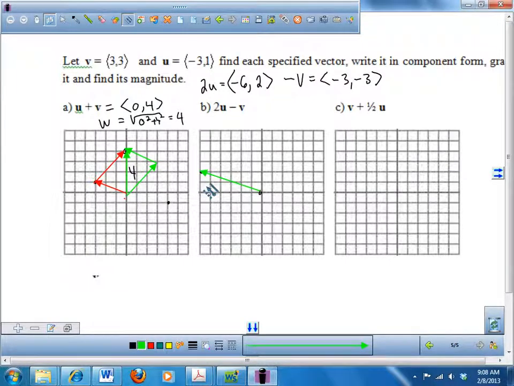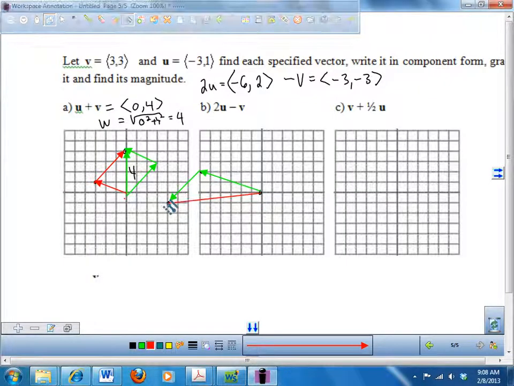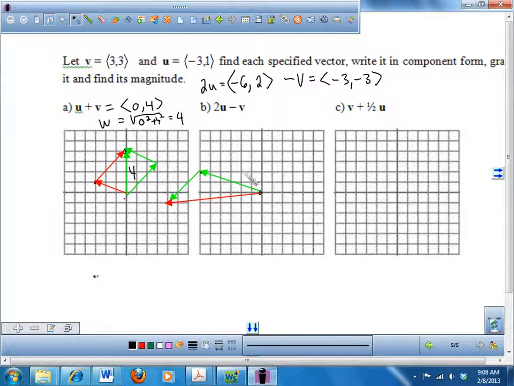So we're mixing together those graphs. My resultant vector would be this one going from there to there. This one would be 2u, and this one would be negative v.